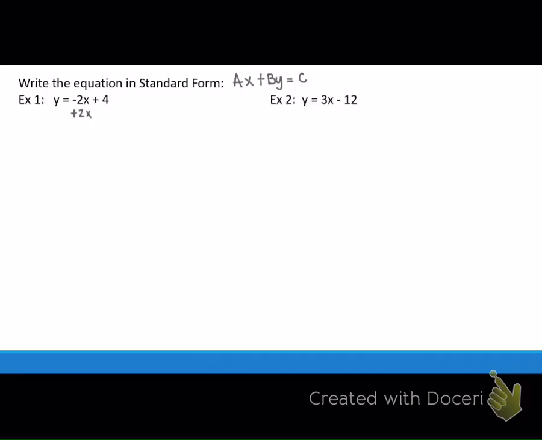Good. So then we have to go through our checklist of all the things on the previous slide. There's a few things we have to check off. Number 1. Are there fractions or decimals?